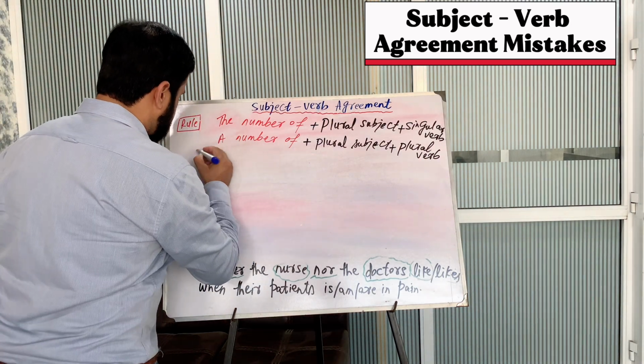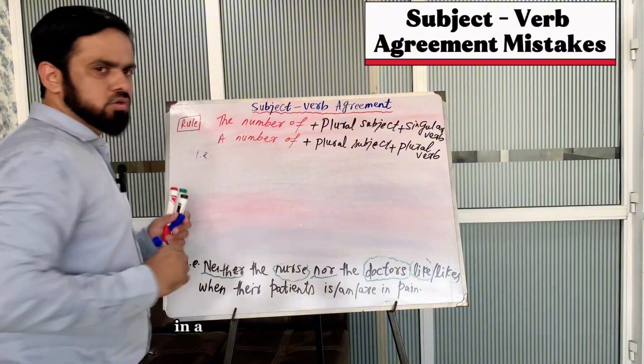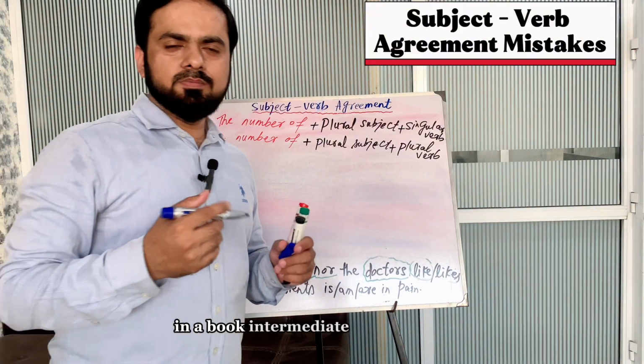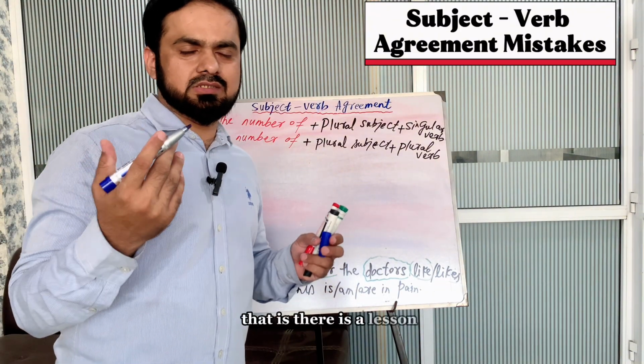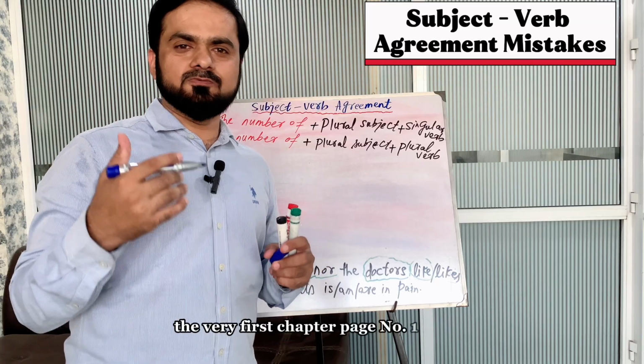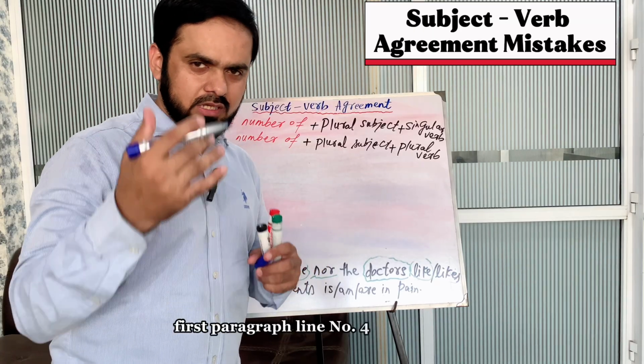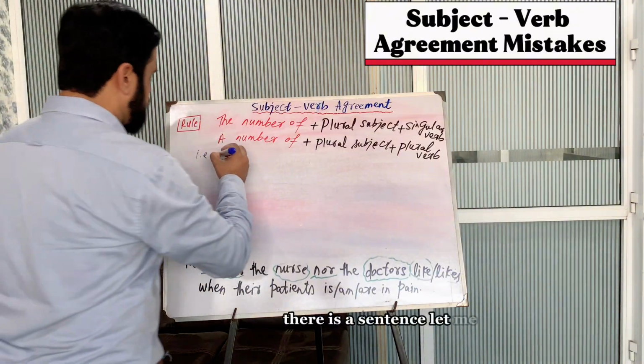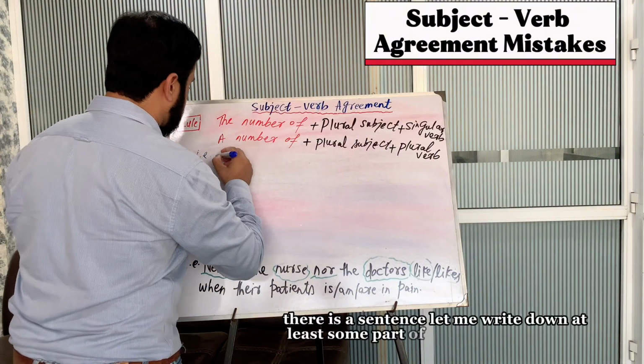For example, in the book Intermediate Part 2, there is a lesson called The Dying Sun, the very first chapter, page number 1, first paragraph, line number 4. There is a sentence. Let me write down at least some part of it.